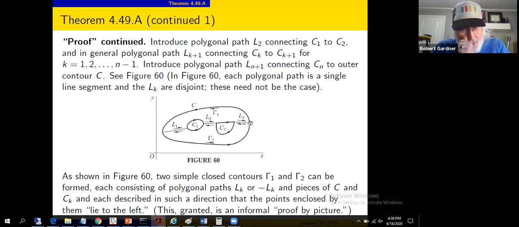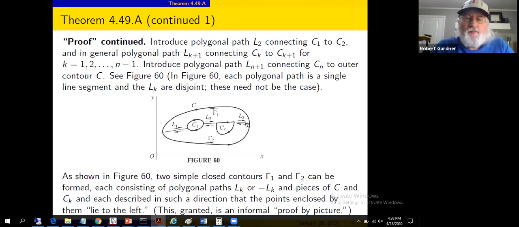So what we've got with this gamma sub 1 is a contour, say, that starts here, oriented in this direction, and you arrive back where you started. So gamma 1 is a simple closed contour.